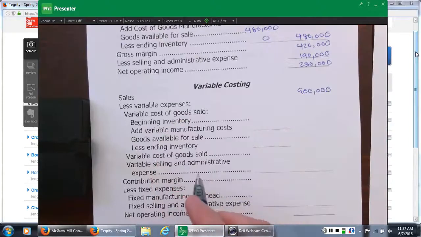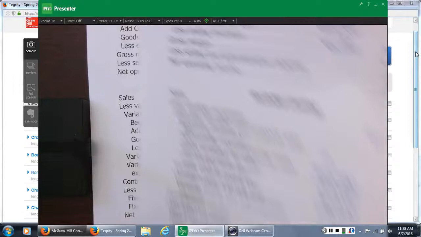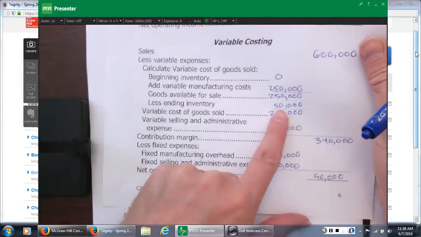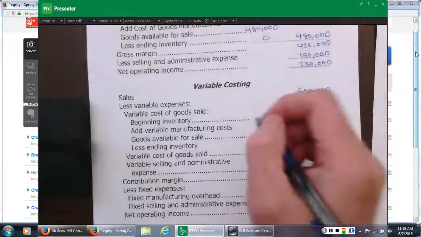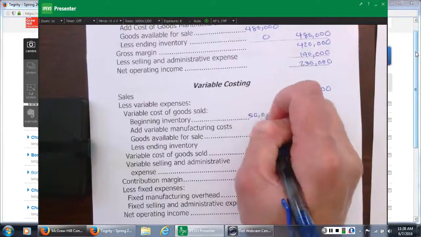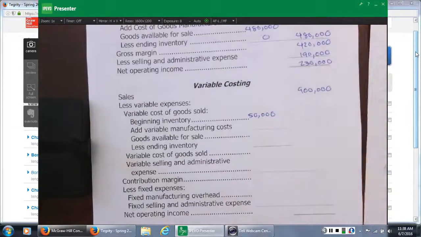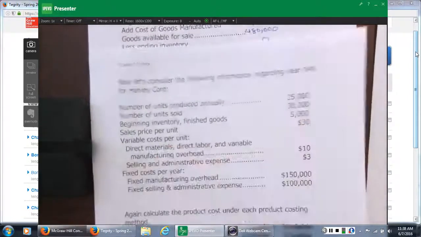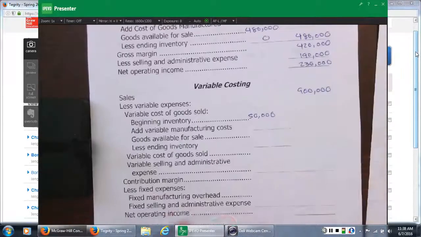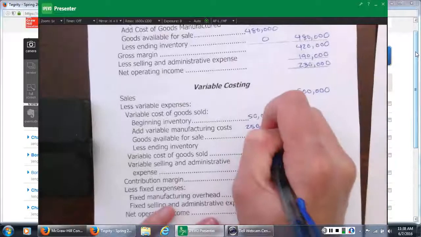Let's go through and calculate that. If we look back at the end of year 1, the value of our ending inventory at year 1, 50,000. That becomes beginning inventory for year 2, 50,000, plus our variable manufacturing cost is going to be equal to the 25,000 units that we produced times the $10 per unit. Gives us 250,000 right there.